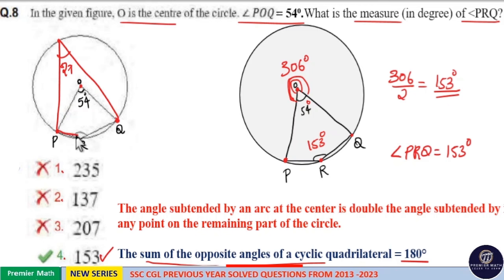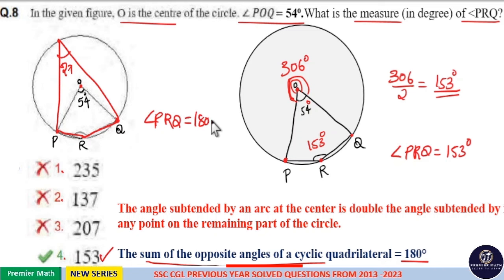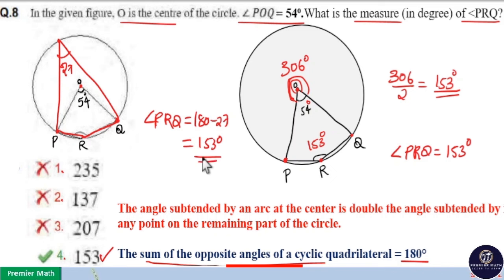Now, this is a cyclic quadrilateral, which means sum of opposite angles of a cyclic quadrilateral is 180 degree, means angle PRQ is equal to 180 minus 27, which is equal to 153 degree. So angle PRQ is 153 degree. So you can use any concept.